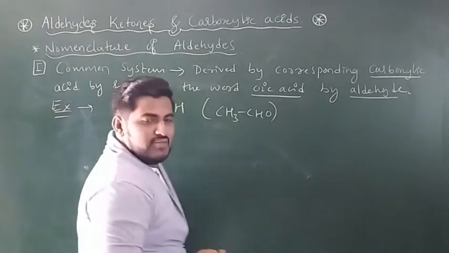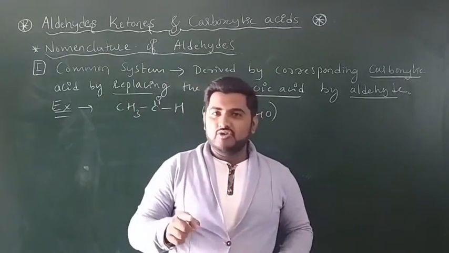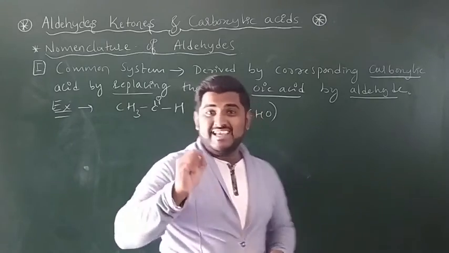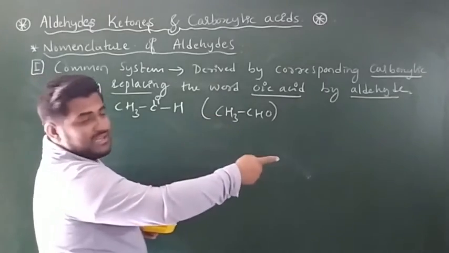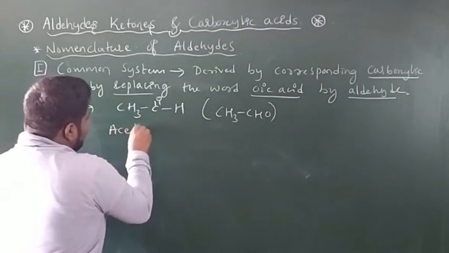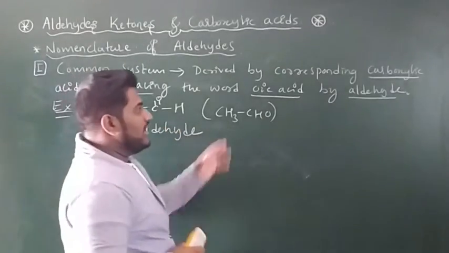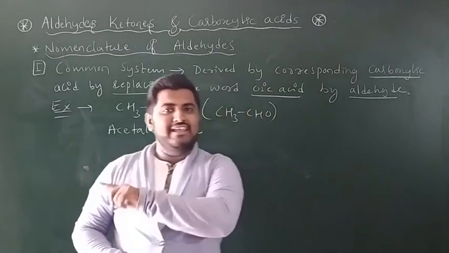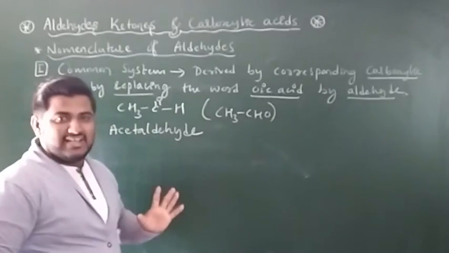You know already, if a two carbon group is there and OH group is there, then that is called acetic acid, right? In that, oic acid is replaced by aldehyde. So what is the name then? The name is acetaldehyde.